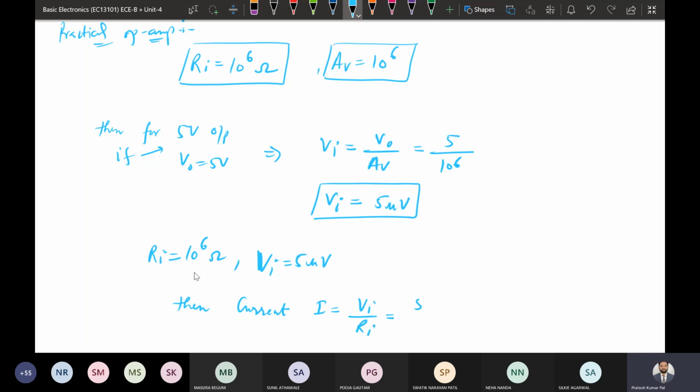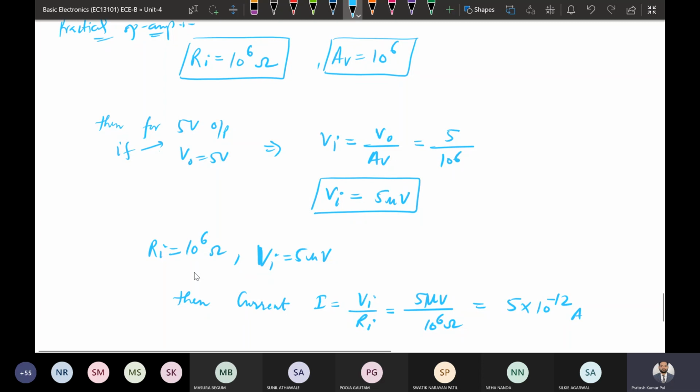So V input is 5 microvolt divided by the resistance, which is 10 power 6 ohms. So it is 5 micro divided by 10 power 6, which comes out to be 10 power minus 12 ampere.